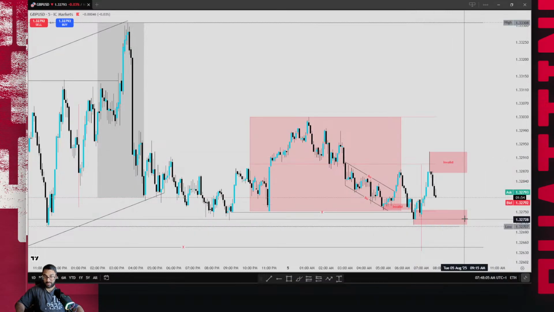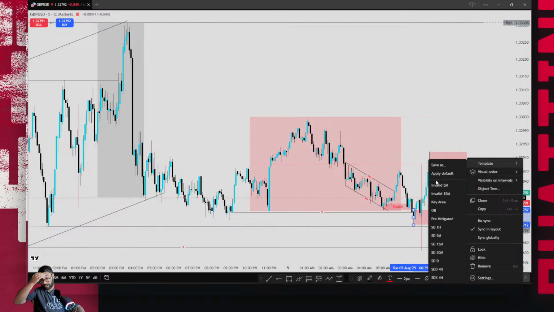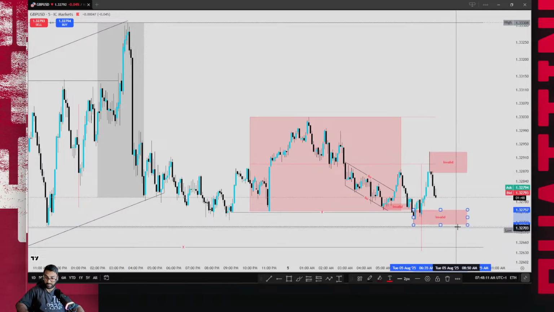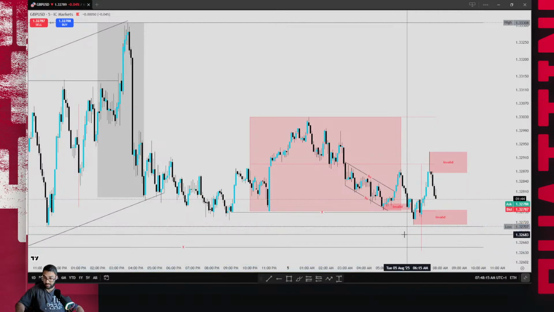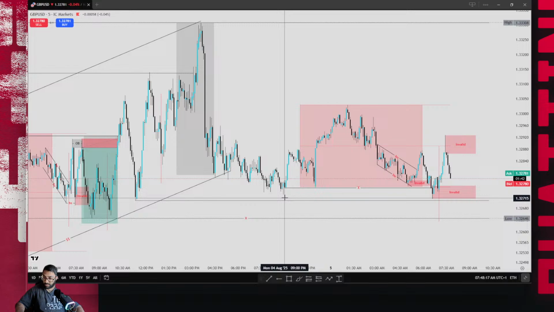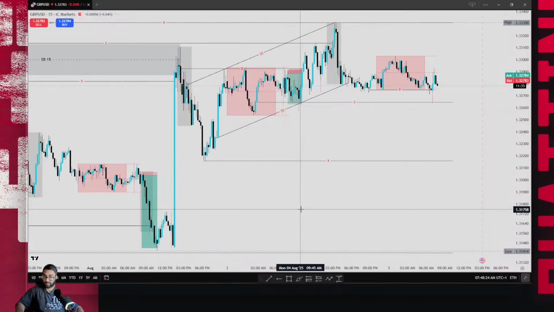I think this zone's gonna fail because you've got equal lows below it. You've got this low, 1 low, 2 low, 3 low. Yeah.